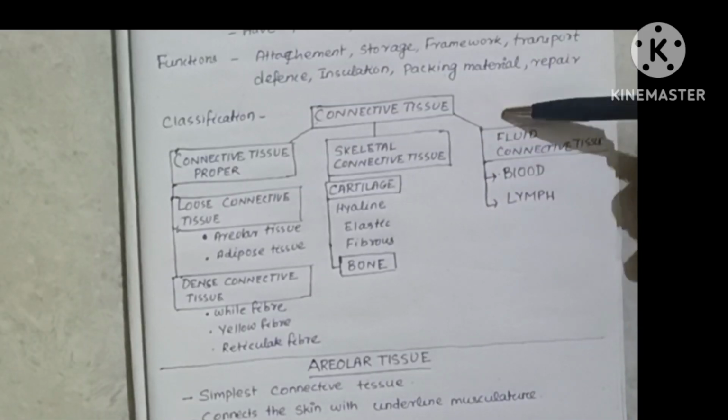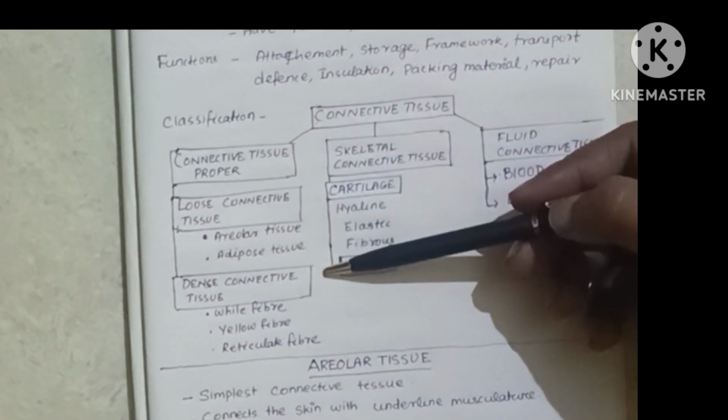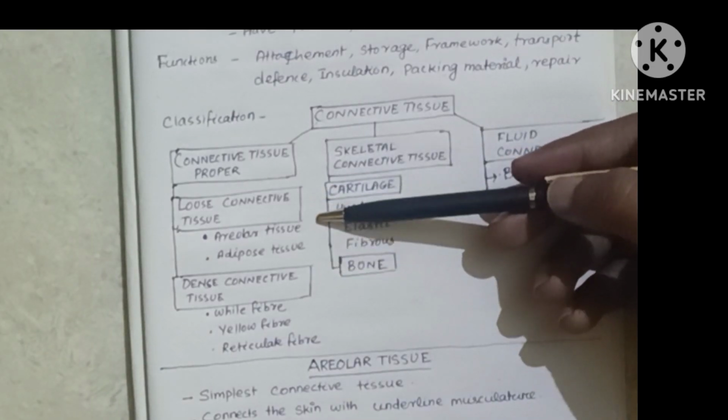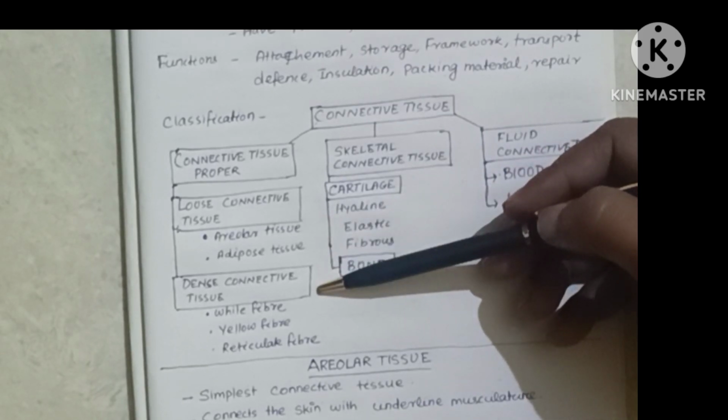Then we talk about the classification of connective tissue. It is broadly classified into three categories: connective tissue proper, skeletal connective tissue, and fluid connective tissue. First, connective tissue proper is further classified into two categories: loose connective tissue and dense connective tissue.